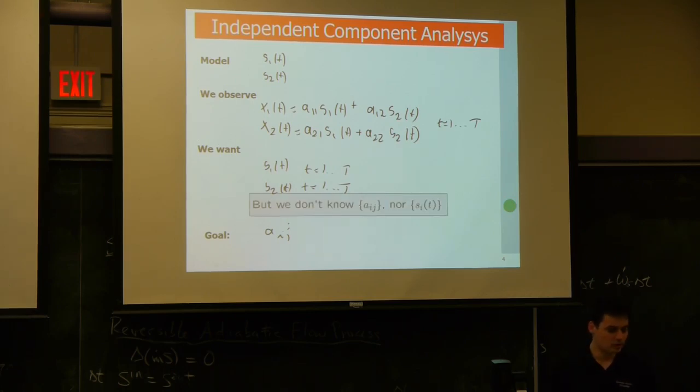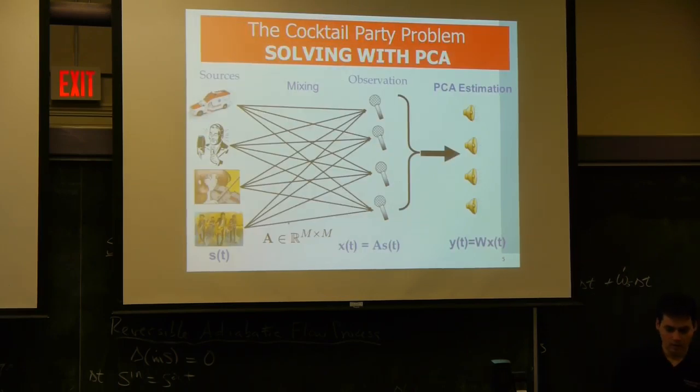Okay, the problem is that we don't know these coefficients Aij and Sit. An explanation of this problem is the cocktail party problem. Imagine that there's a room, and in that room there are many independent sound sources. You are talking to your friends, and there are some microphones there, and those microphones can record mixed sources.